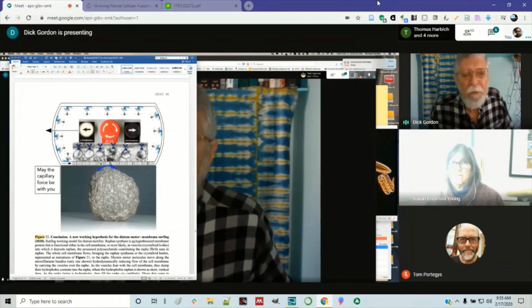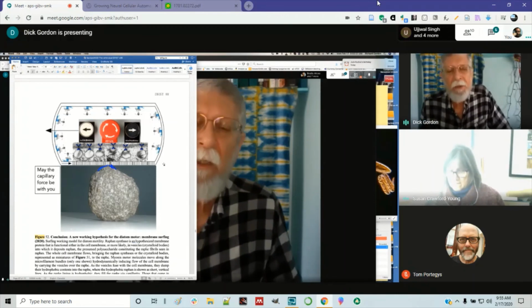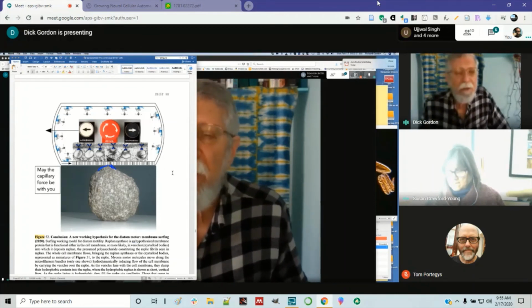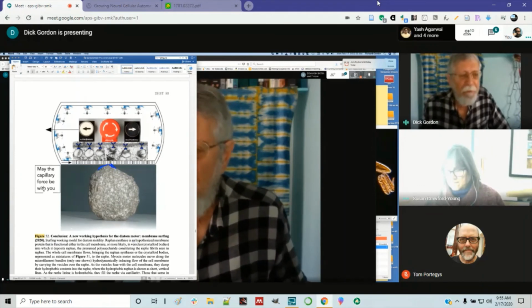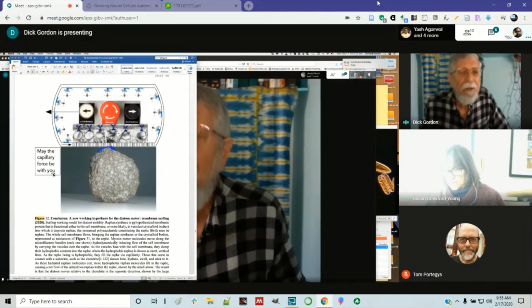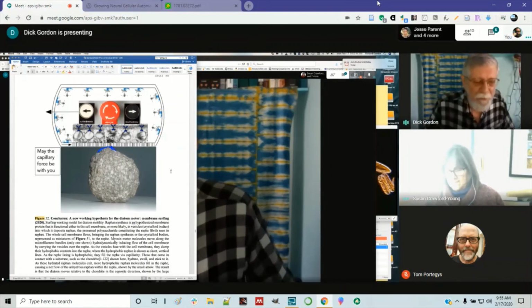What generates the force is the capillarity. So in fact, there's a compromise between the models, and I had this one great paper which had this phrase in it: may the capillary force be with you. Okay? So that's where I am.